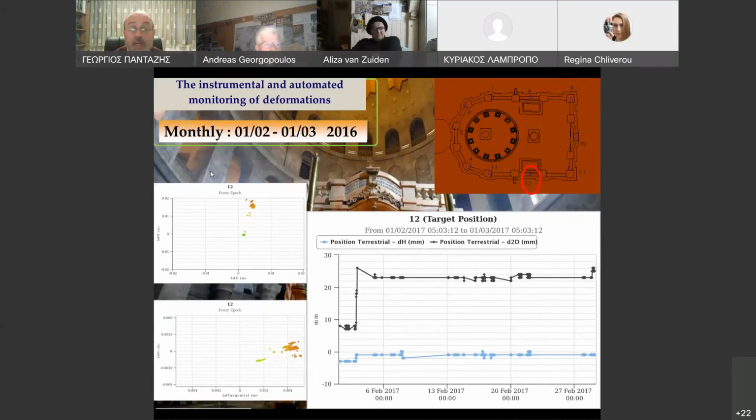In these diagrams, we can see some information about the displacement, about the deformation of the same target, of the same point.